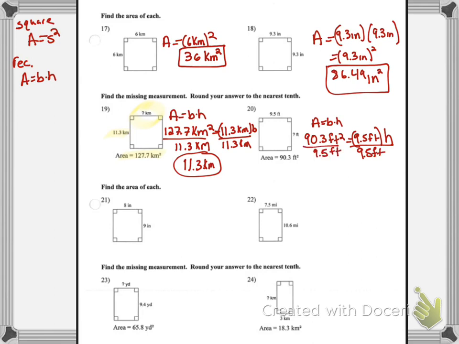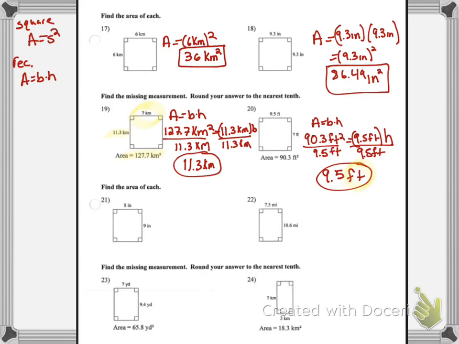When we do that, we end up with 9.5 feet. Again, we're looking for a side length, so the side length is going to have feet and not feet squared. Area is the only thing that's going to be squared units.